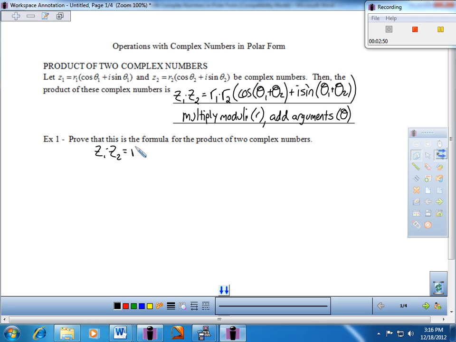And so this would be the first complex number. So I'm going to do r1, cosine theta 1 and i sine theta 1. So there we go. So I'm going to do that times, and then r2, that second r times cosine theta 2 and i sine theta 2.